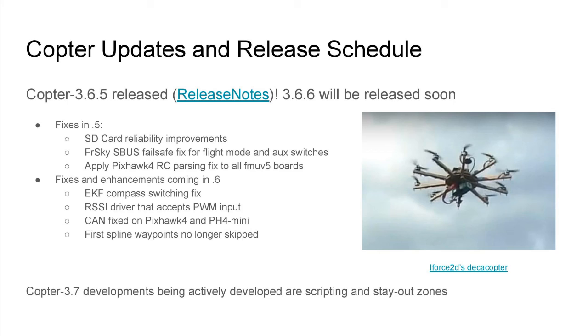We have started beta testing of 3.6.6 now, and it's got one quite important change. The first one is this EKF compass switching fix. This is from Tridge, with perhaps some input from Leonard and Paul.